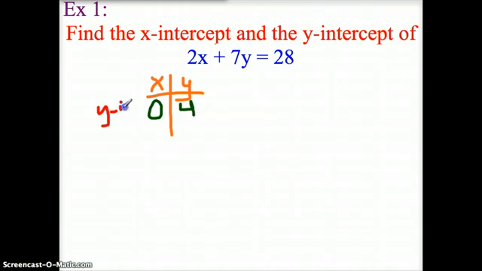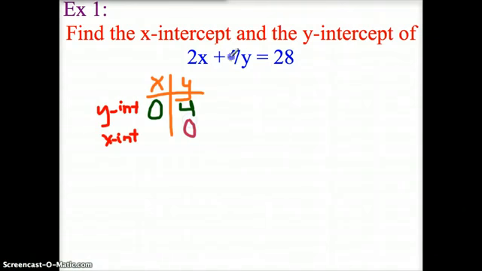I'm going to abbreviate that y-int. For your x-intercept, or x-int, you have a y value of 0. Let's try that out.